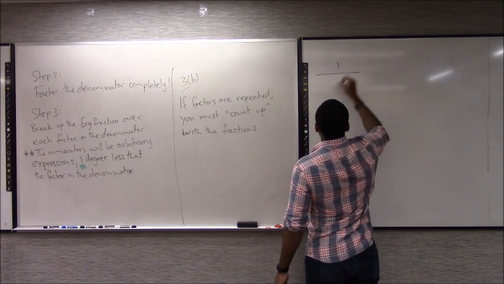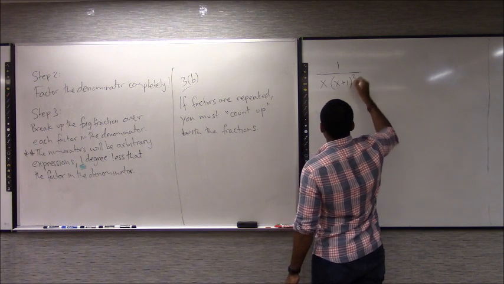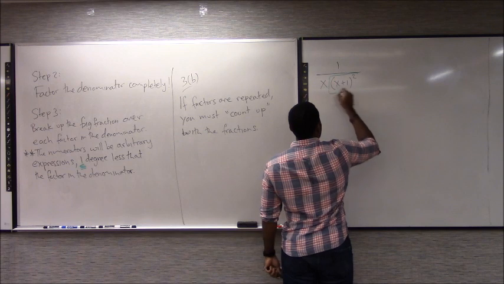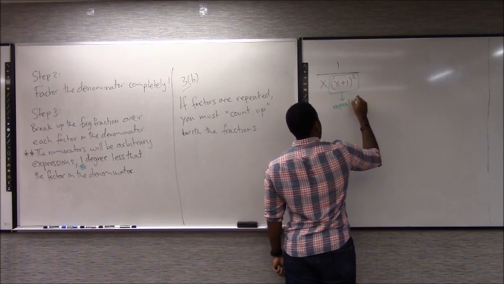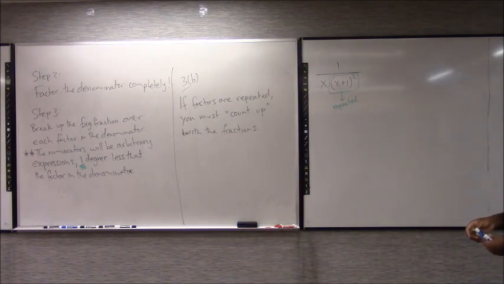Let's say you have 1 over x times x plus 1 squared. The x plus 1 squared, you think of as a repeated factor. It's repeated once. So it's factored, but there are 2 of them there really. So whenever you have a repeated factor, you have to count up to the power.